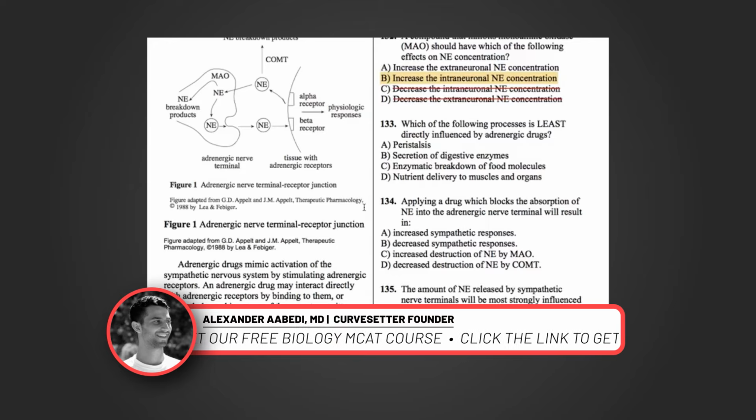D, nutrient delivery to muscles and organs. If you think about the sympathetic response, you're probably going to have much more nutrient offloading to muscles. I mean, that's just a given, right? If you're going to have increased dilation of blood vessels, that's just allowing more things to diffuse and get to tissues that you want to be ramped up in the sympathetic response.